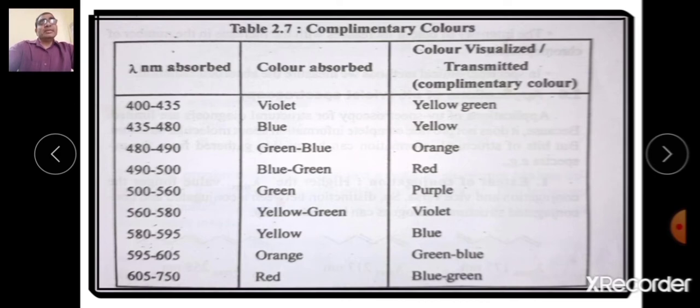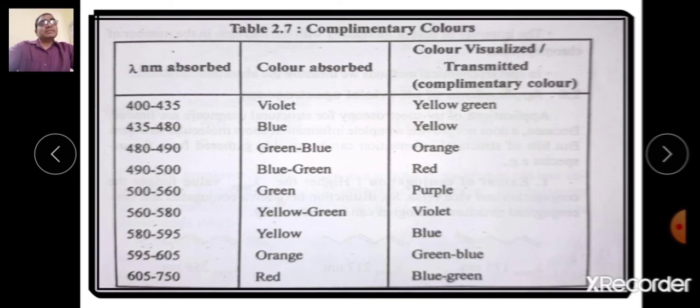When the absorbed wavelength is between 434 to 480 nanometer, the absorbed color is blue, but the visualized color is yellow. Thus there is a range of wavelength absorbed, the color absorbed, and the actually visualized color.